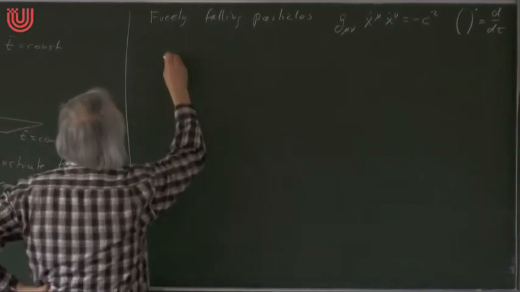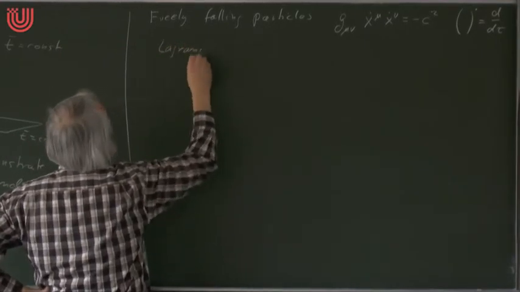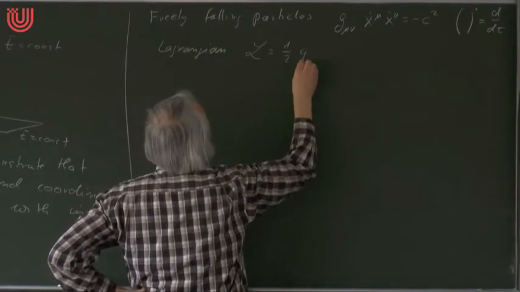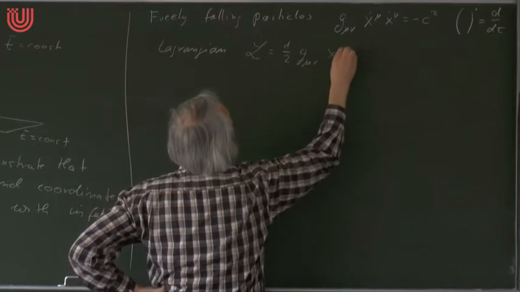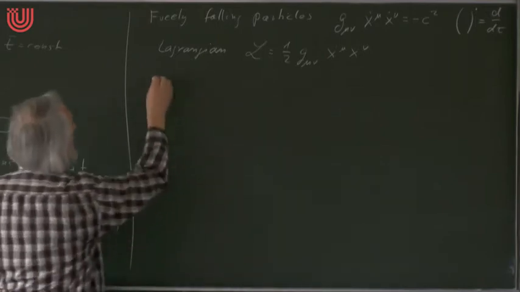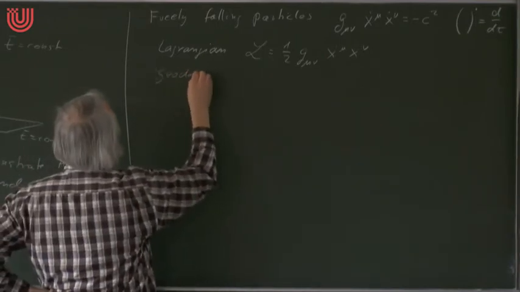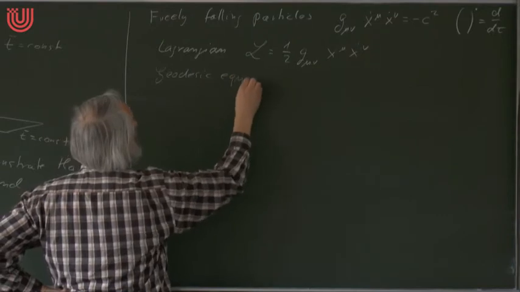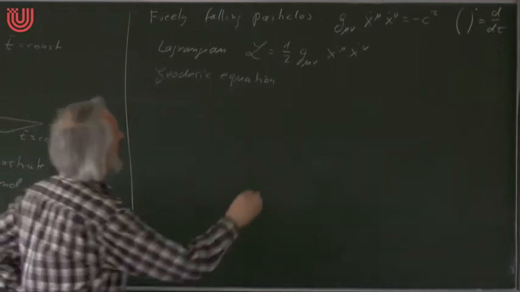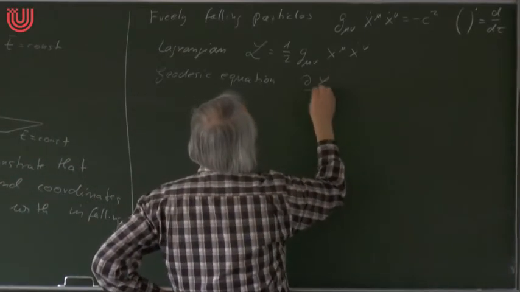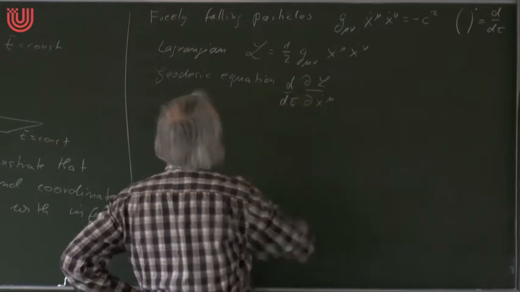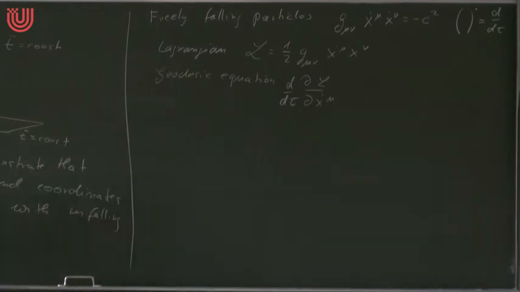And then we have the Lagrangian for the geodesics. Hope everybody remembers. This was g mu nu x mu dot x nu dot. And the geodesic equation was the Euler-Lagrange equation. Actually, 4 components of the Euler-Lagrange equation. So this was dL by d x mu dot, and then d by d tau, now I write tau because our curve parameter is tau, minus dL by d x mu is 0.